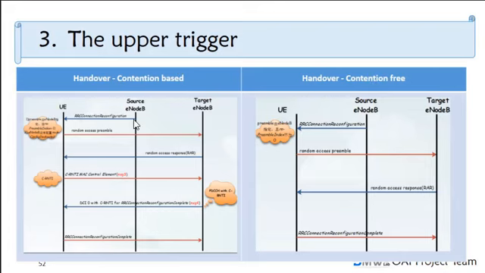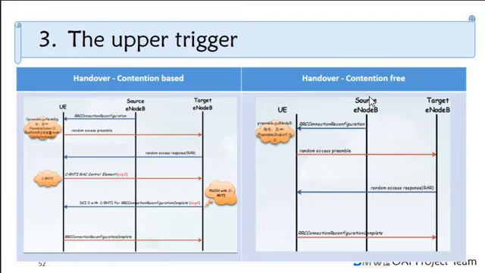You can see from the picture, the source eNodeB will send a PRACH order to the UE in the beginning, and there is a random access preamble from the UE to the target eNodeB, and then it goes back to the UE, and you will send a C-RNTI to the target.